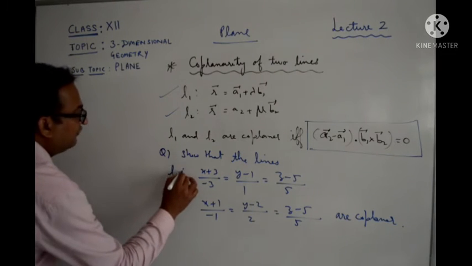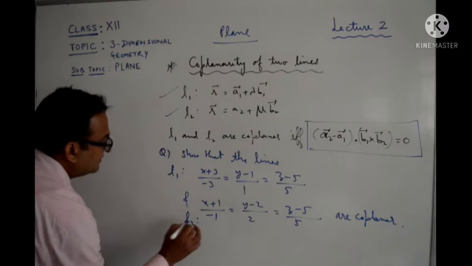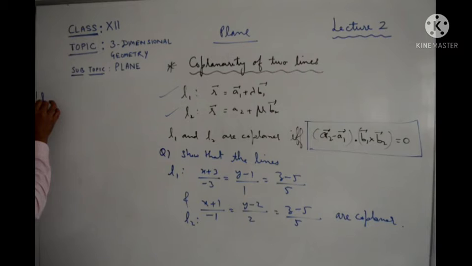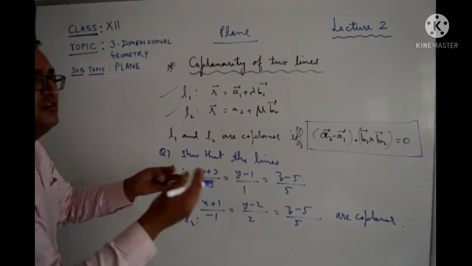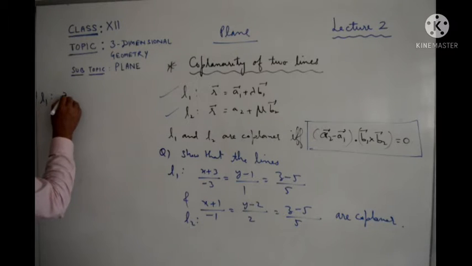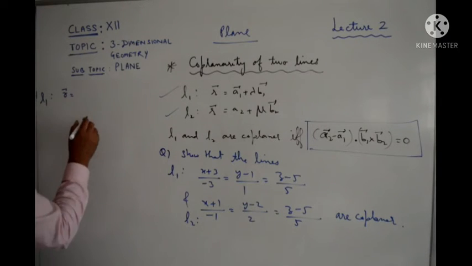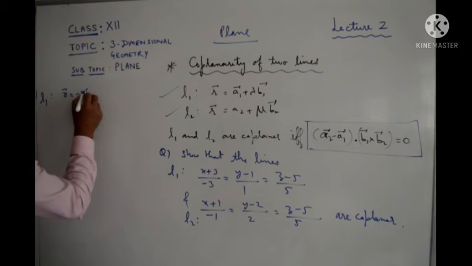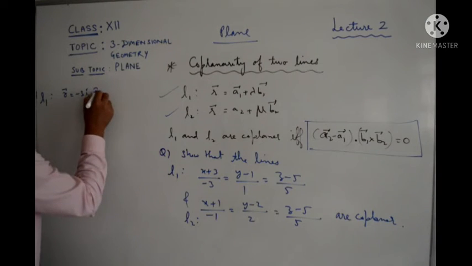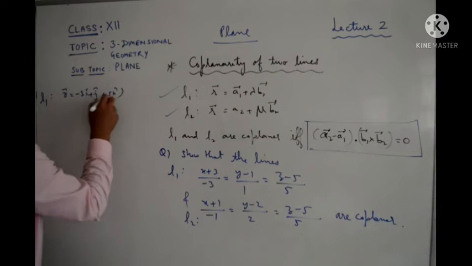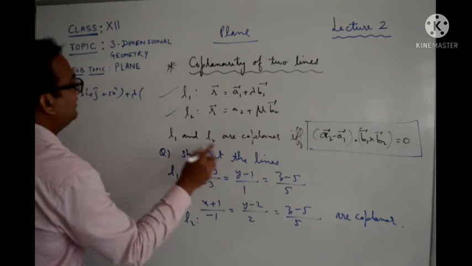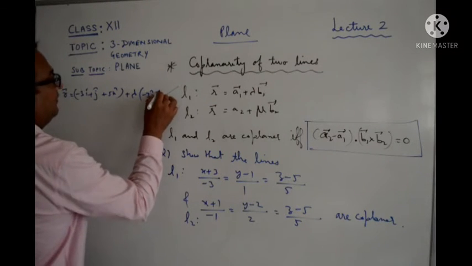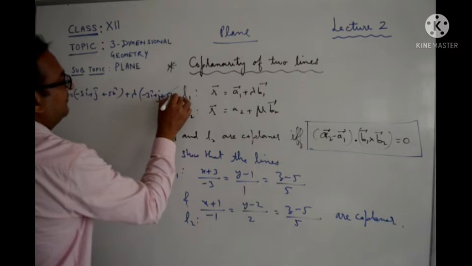So this is your first line L1, and say this is your second line L2. So the equation of line L1, this Cartesian equation, we can convert it into the vector equation. For that we have r vector is equal to the passing point -3i + j + 5k + lambda times (-3i + j + 5k).